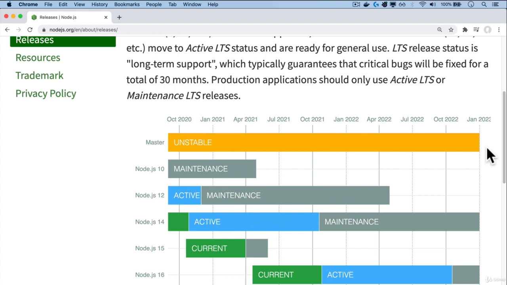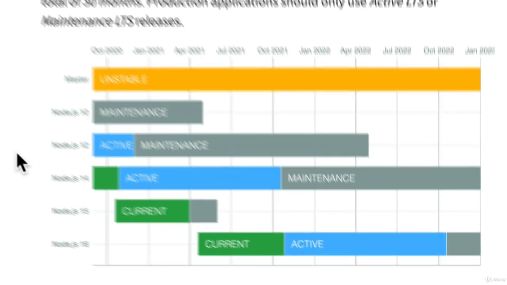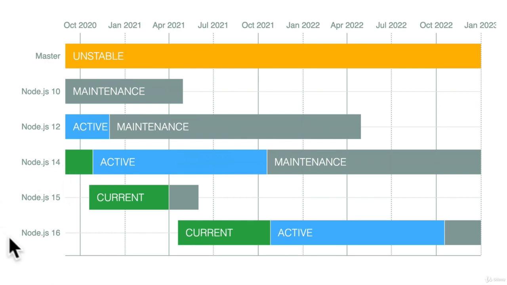It's updated as new versions of Node are released. All of the even-numbered versions of Node currently are or will eventually become an LTS version, while odd-numbered versions will only ever be current versions. They'll never have those extra stability guarantees that LTS versions give us.